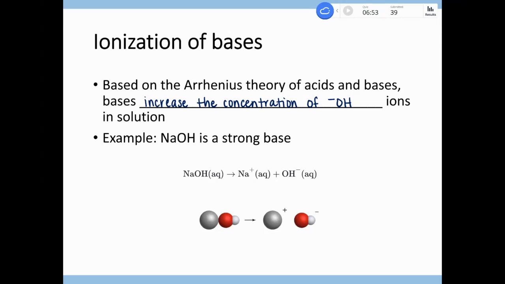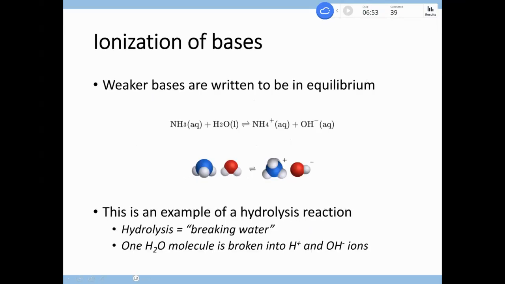And then just like acids, we have strong bases and weak bases. Weak bases are written in equilibrium. NH3 is a common weak base. So if NH3 is added to water, it will take a hydrogen from water.